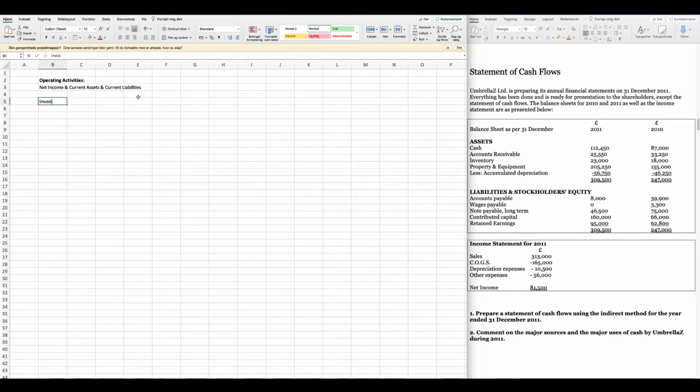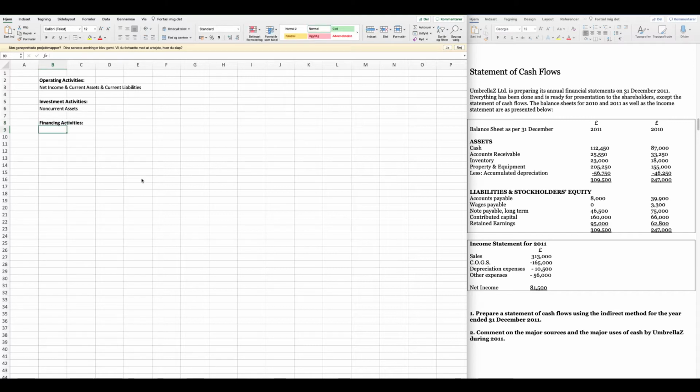The next category is investment activities, where what we're looking at is non-current assets. So unlike in the operating activities where we're using current assets, under investment activities, we're looking at changes in the non-current assets. The final, third category is financing activities.